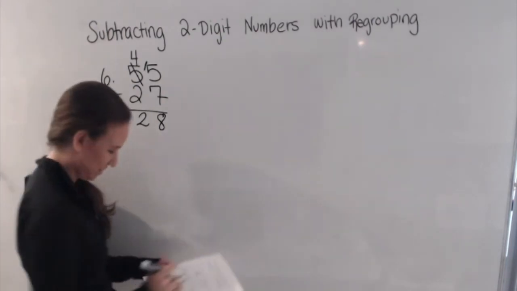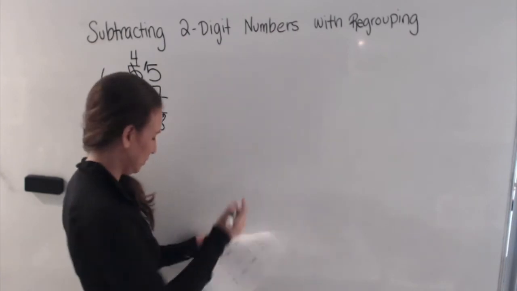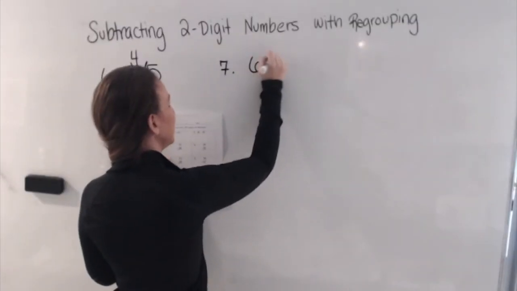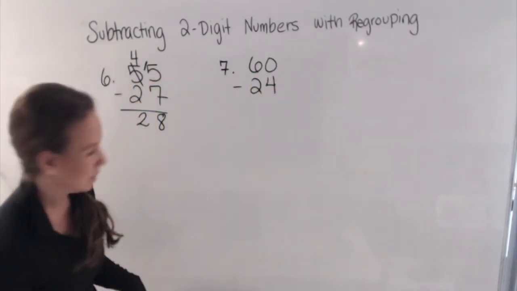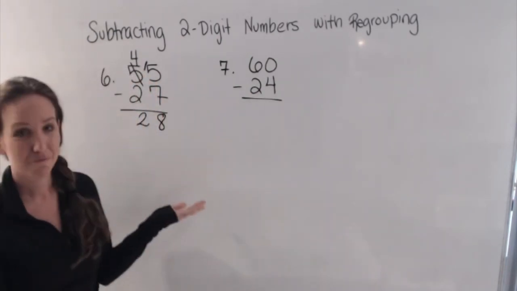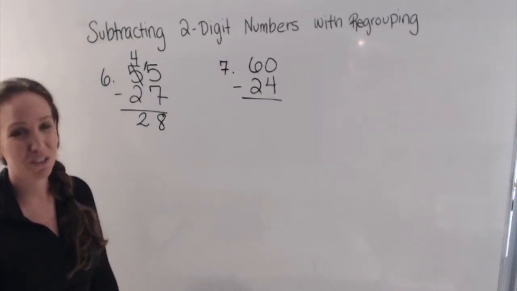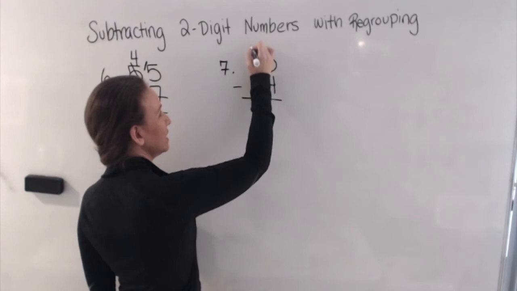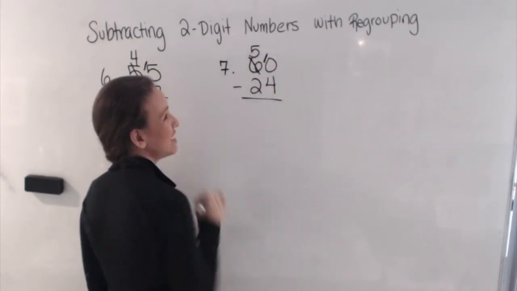Good. Last 2 problems, and then you're going to do your worksheet on your own. Number 7. 60 minus 24. Same thing every time. That's what we're doing today. We're just regrouping. So we're going to borrow from the 6 and give it to the 0.